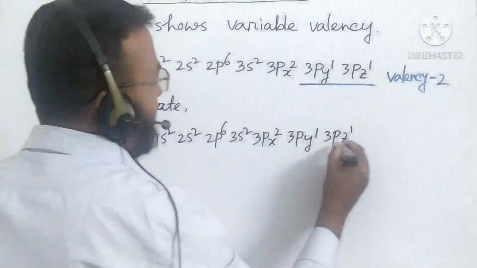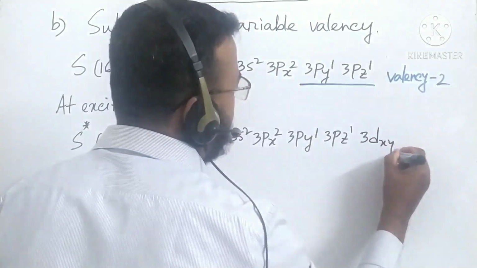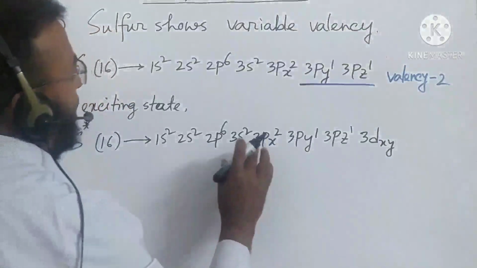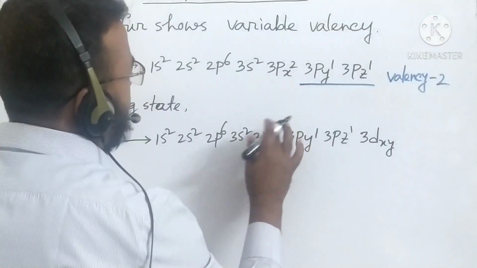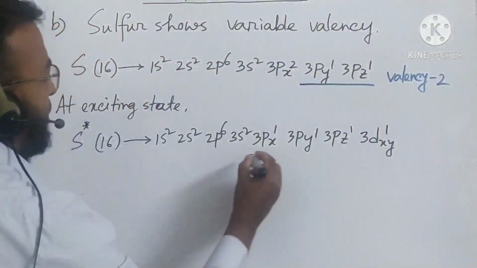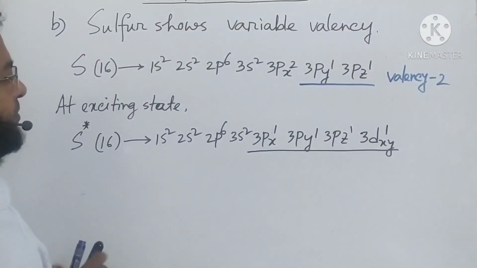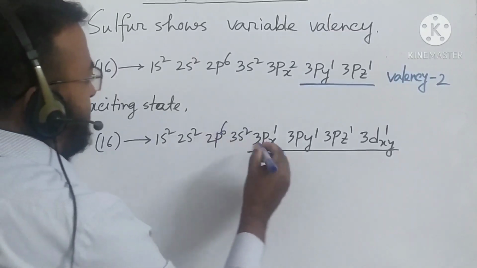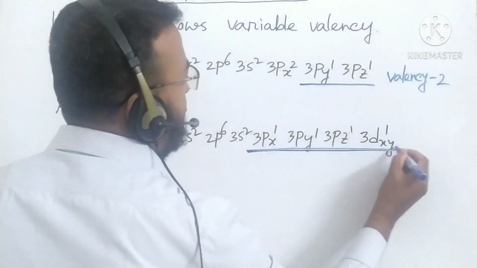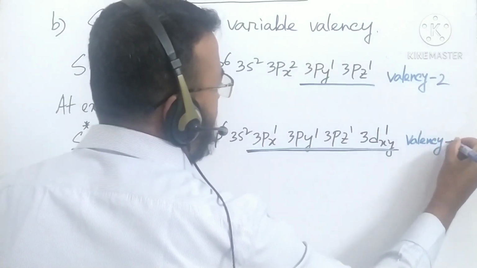Now in the third energy level there are 3d orbitals also. So from the 3px orbital one electron will go to the d orbital. Now there are 4 unpaired electrons. For this reason, as there are 4 unpaired electrons, here valency is 4.